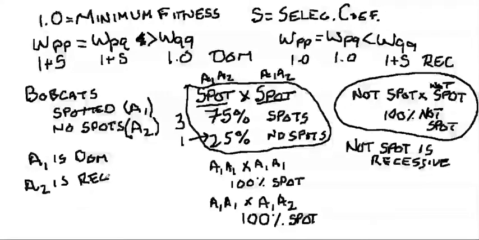So let's say we go out into the wilderness and find a bunch of different bobcats and look at how many babies they make. So when we look at spotted individuals, and we're only looking at the females here. We don't necessarily know what the fathers are, but we're okay with that.